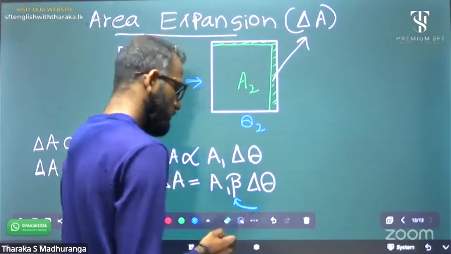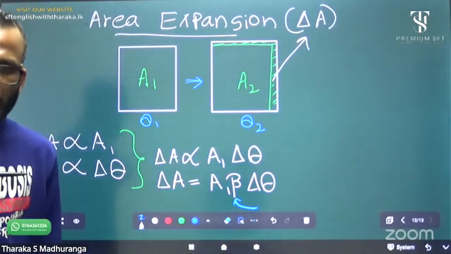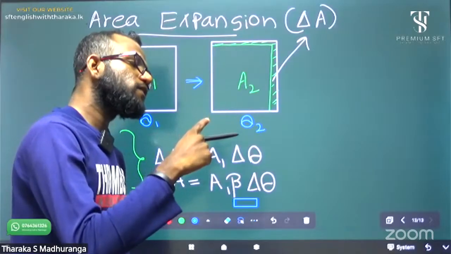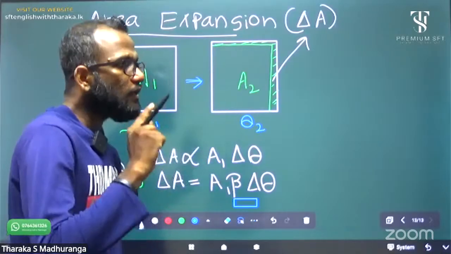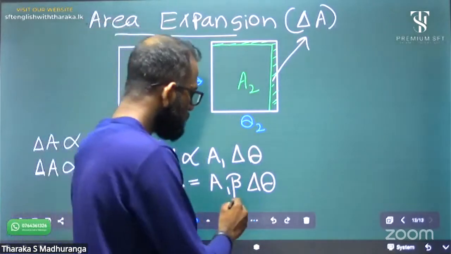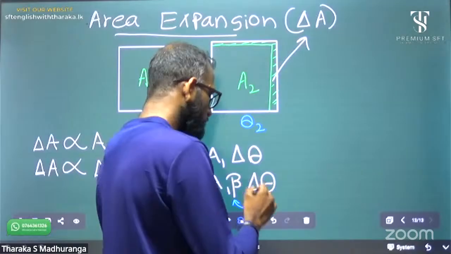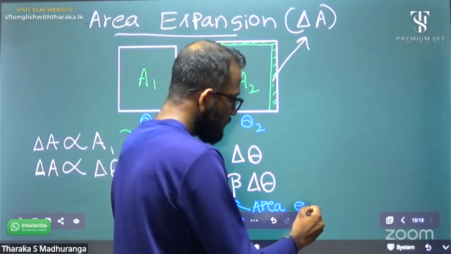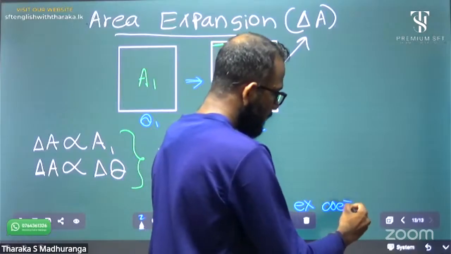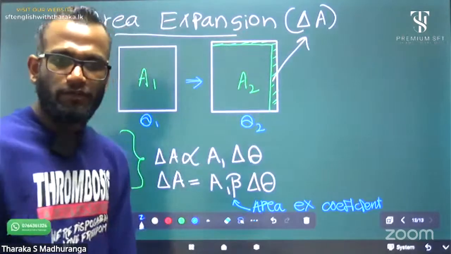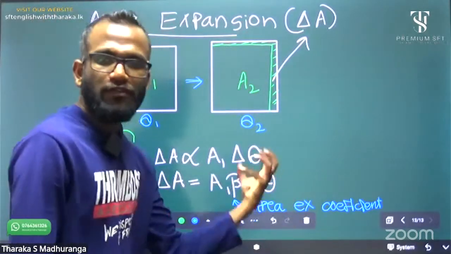The area expansion coefficient. In the previous equation, alpha is the linear expansion coefficient; in area expansion, it is the area expansion coefficient.